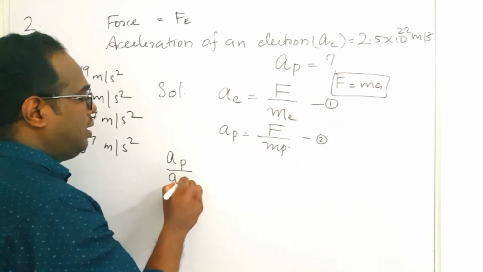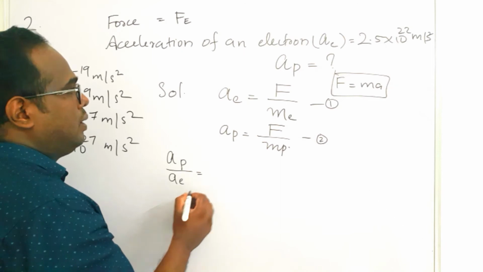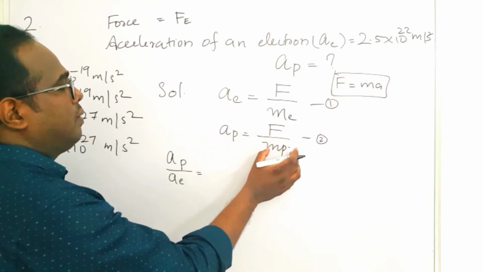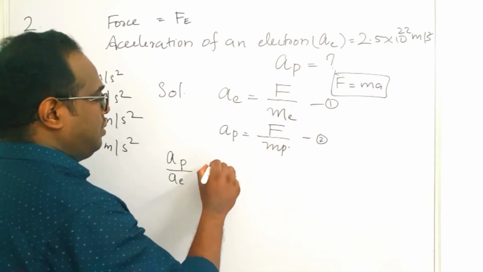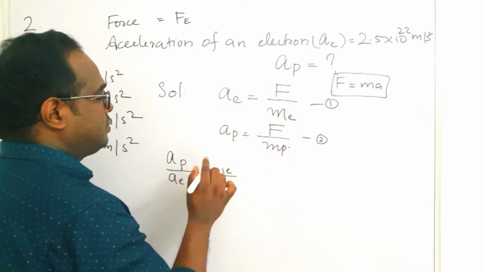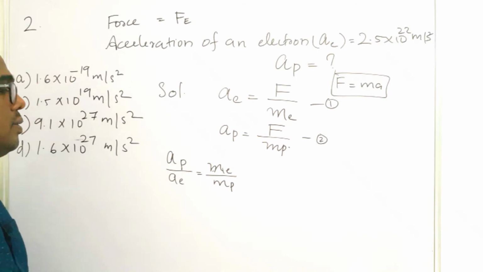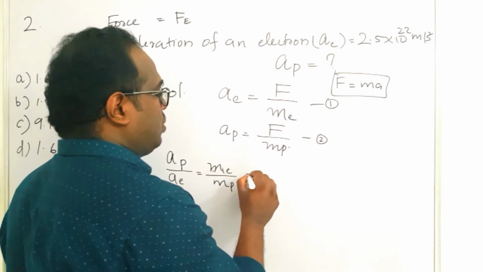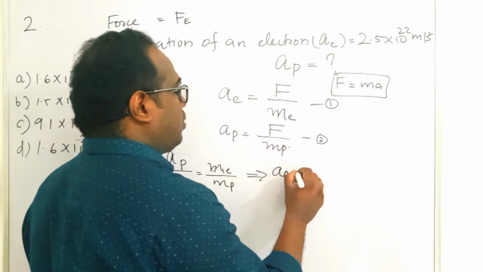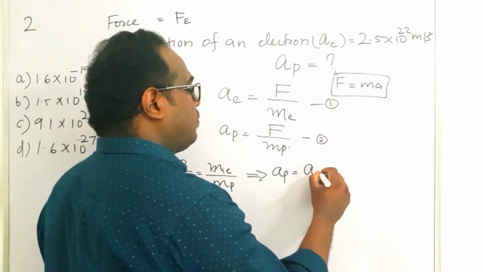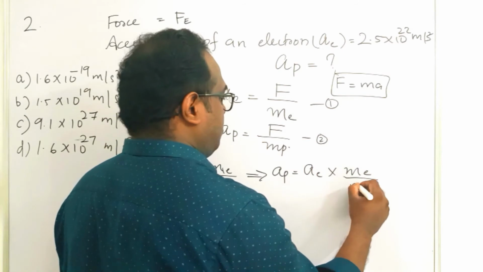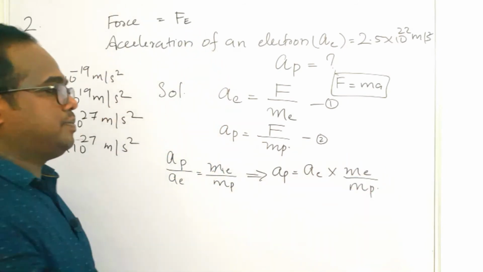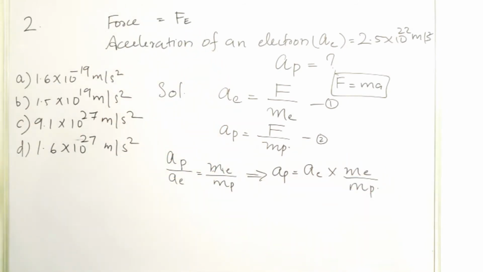AP by AE is equal to 1 by MP over 1 by ME, which is ME by MP. Therefore acceleration of proton is equal to acceleration of electron into mass of electron divided by mass of proton, correct?